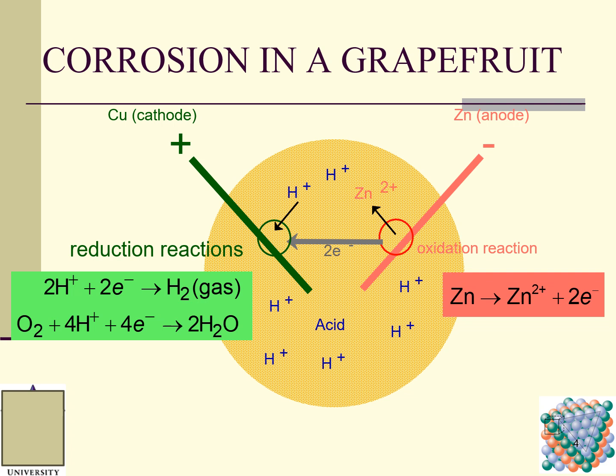So this is the oxidation reaction. At this side, we have hydrogen ions. Hydrogen ions obtain these free electrons. One hydrogen ion obtains one free electron and becomes a hydrogen atom, and two hydrogen atoms form one hydrogen molecule. When these molecules come together, they become a bubble. So this is the reduction reaction.